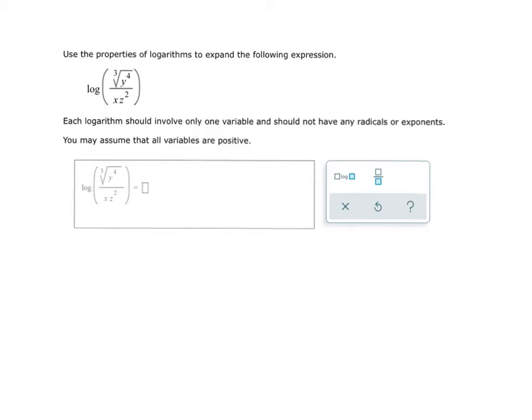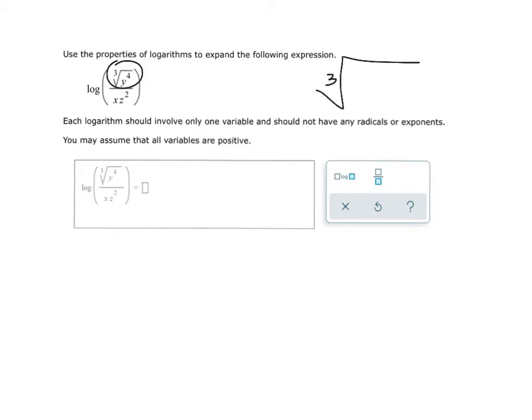So we want to expand this, meaning we start with one log and we want to end with more than one. The first thing I see, I want to get rid of this radical. So we have the cube root. Notice the 3 is not out in front.